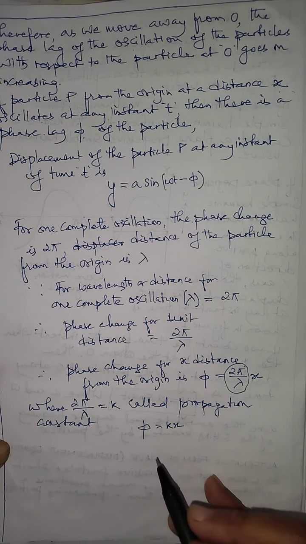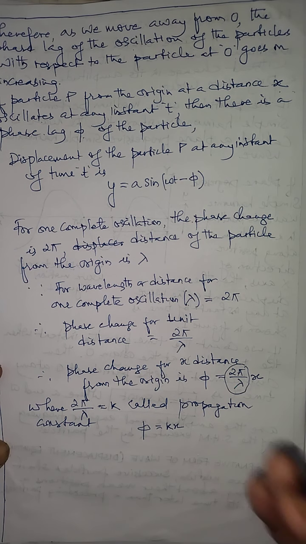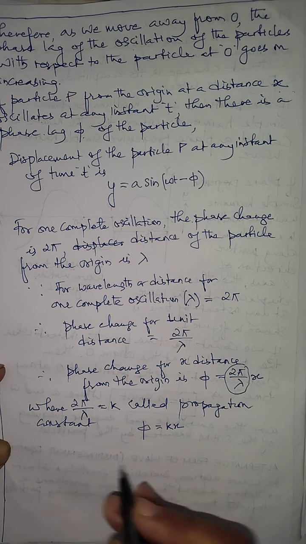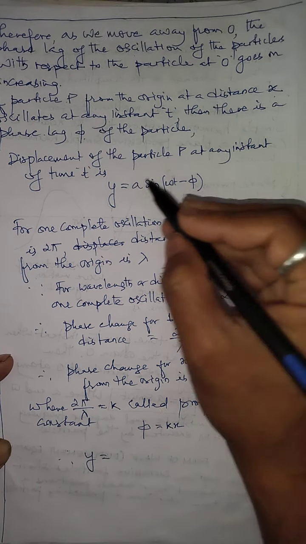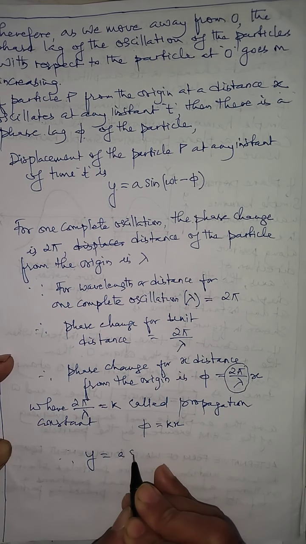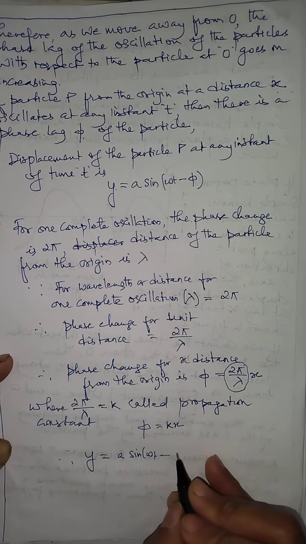That means the phase change can be expressed in terms of the propagation constant into the distance of the particle producing a displacement. So I can write the relation as displacement y equals a sine omega t minus kx.